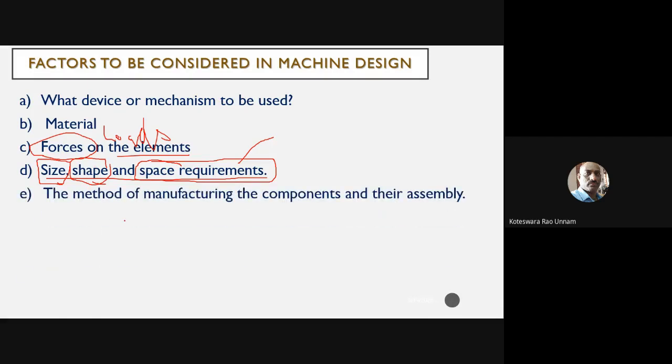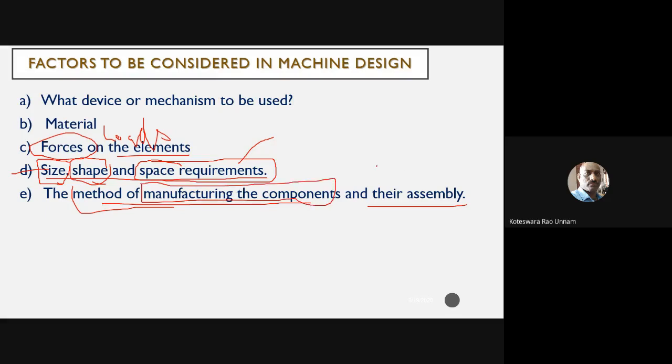Then the next one is the method of manufacturing of each component and their assembly. Once you arrive at the sizes, shape and space requirements, you need to specify for each and every part of the machine or mechanism how to produce that part. That can be done by specifying the manufacturing processes for each component.